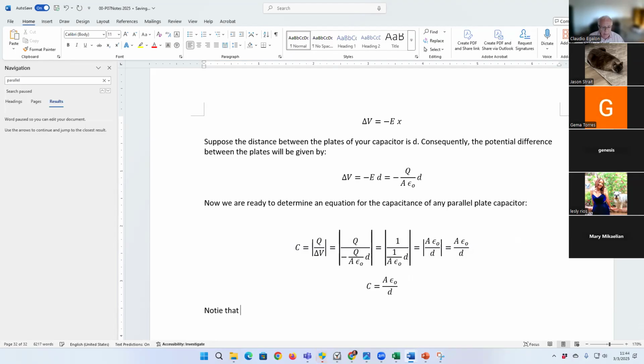Note that the capacitance is a function only of the geometrical parameters of the capacitor, A and D, okay? Epsilon naught is just a constant.